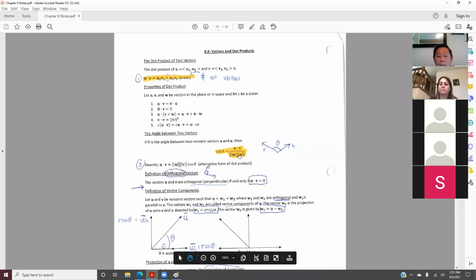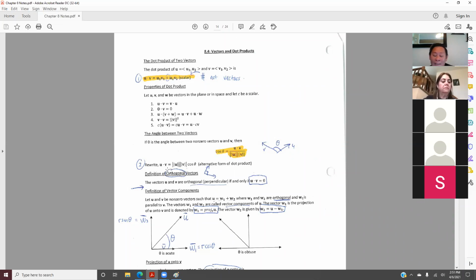There is also another formula, which is number 21, that I want to point out. This formula can also find the u dot v by multiplying the magnitude of u and the magnitude of v to the other side. So u dot v is also magnitude of u times magnitude of v times cosine theta. So this is the alternate form for dot product.